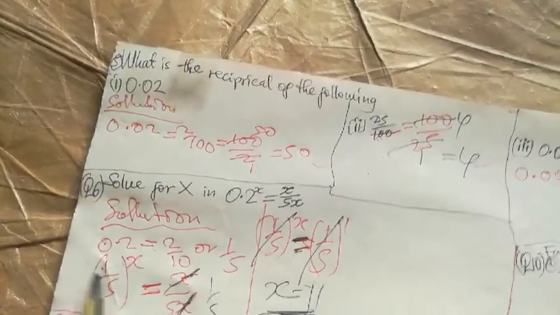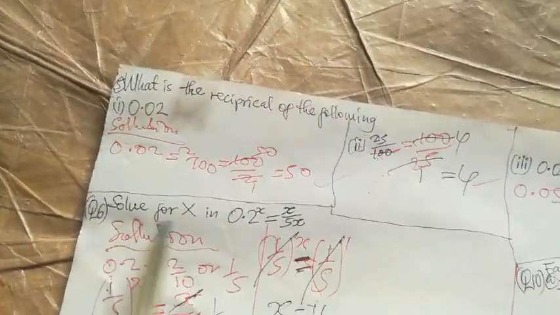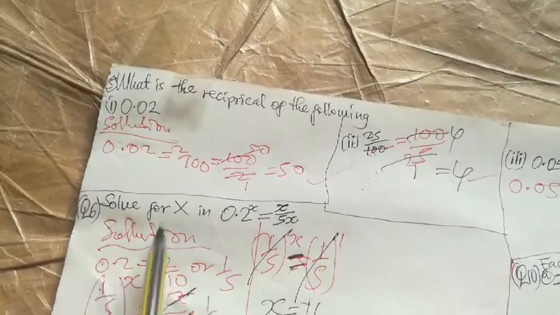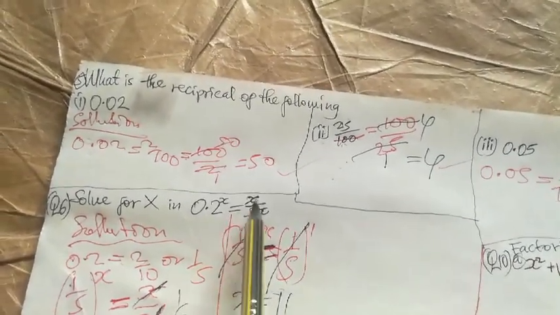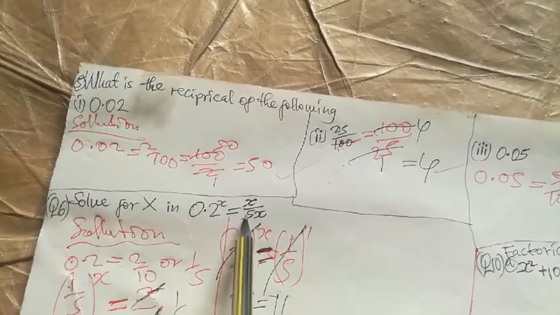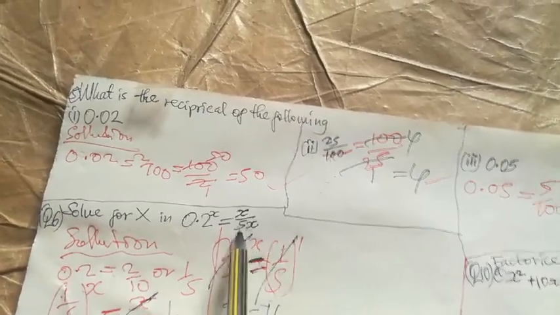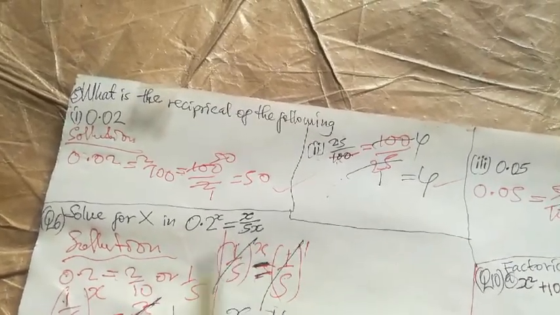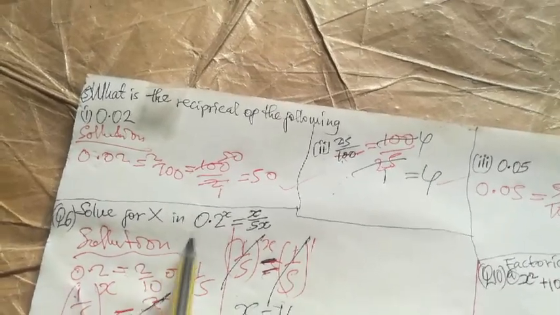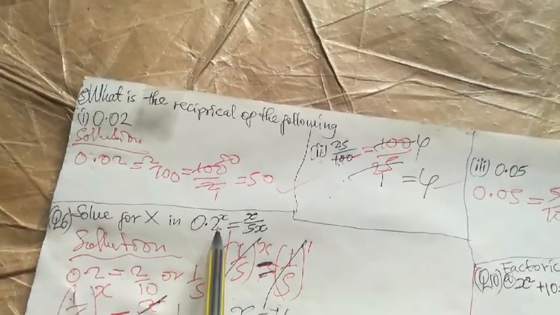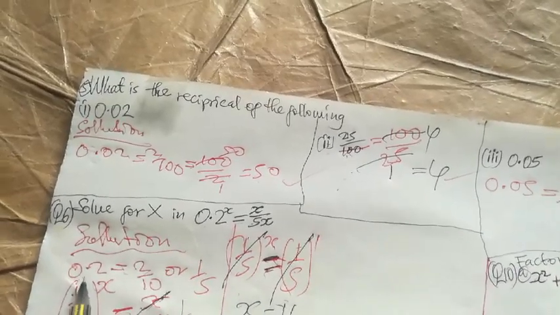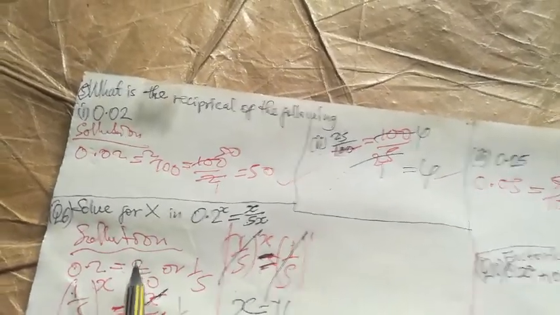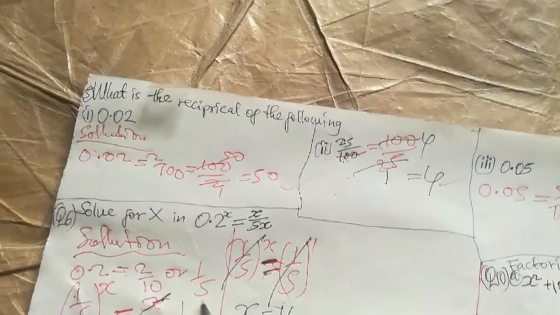From our working, if we are given such an equation, 0.2 power x is the same as x over 5x, we change the decimal into a fraction first. 0.2 is the same as 2 over 5, which is the same as a fifth.